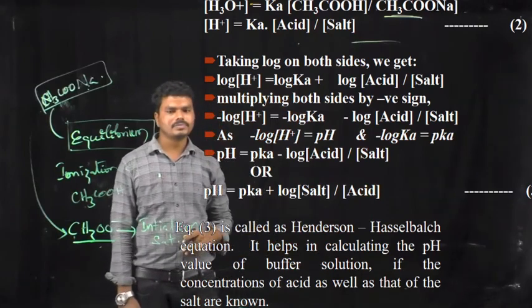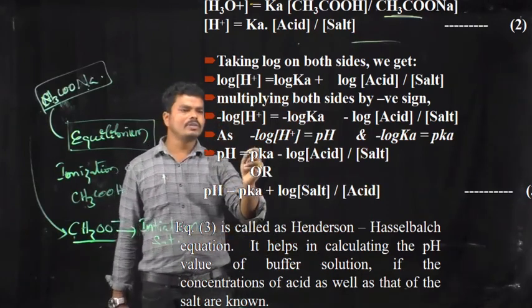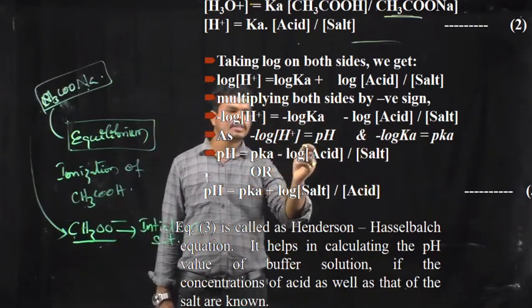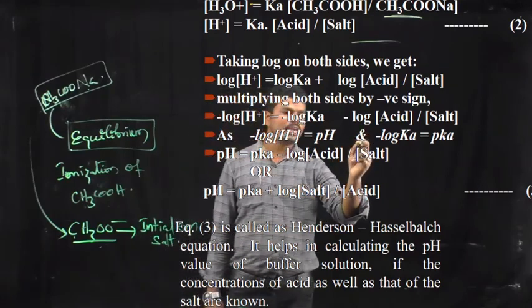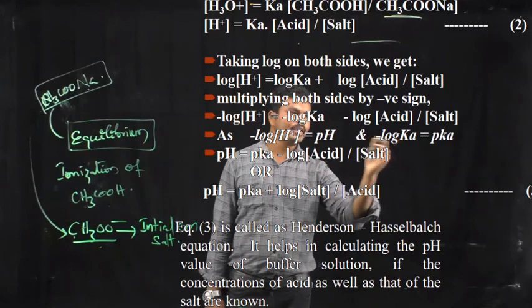Okay, as we know that negative logarithm of H plus ion concentration is nothing but the pH, and negative logarithm of Ka is written as the pKa.